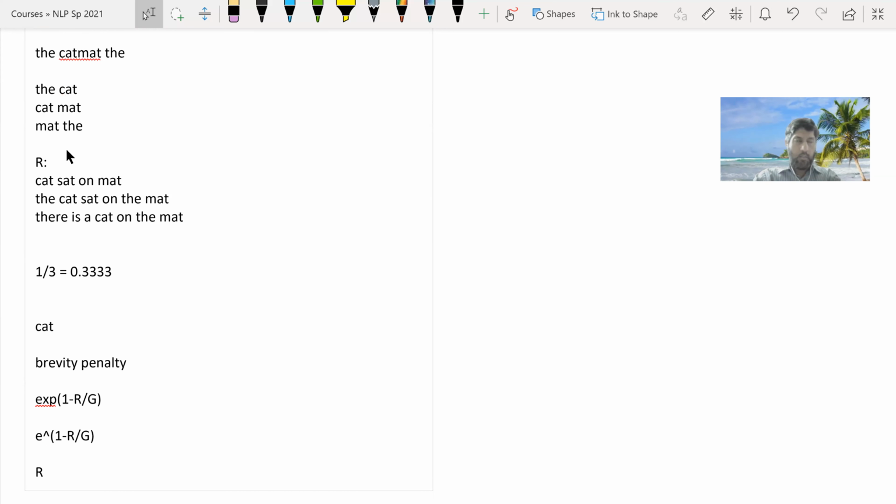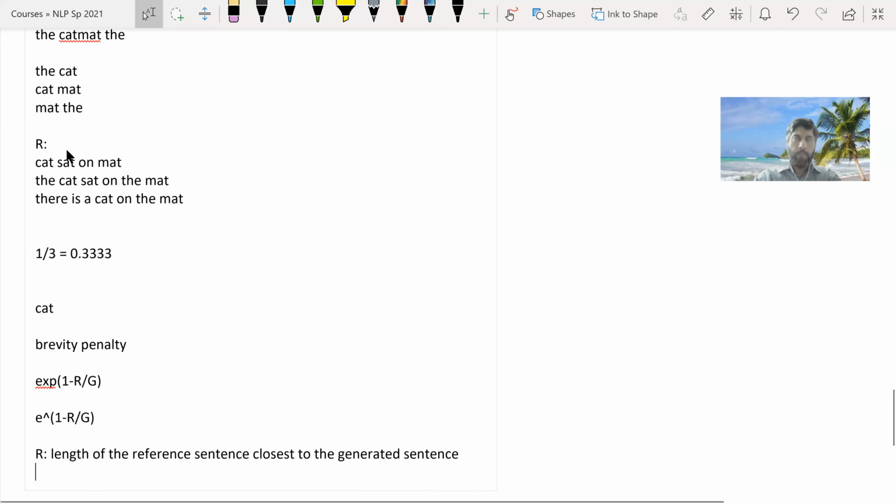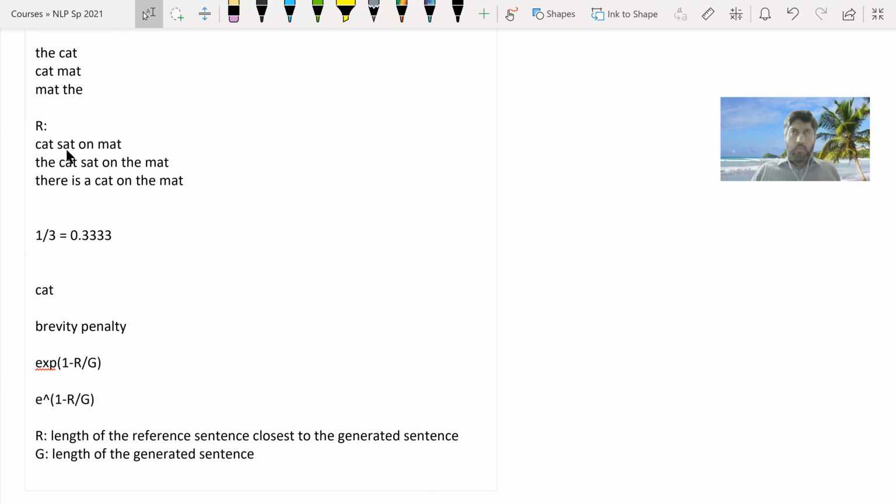R is the length of the reference sentence closest to the generated sentence, and G of course is the length of the generated sentence.